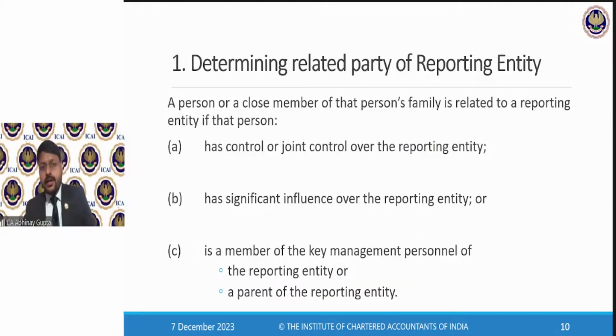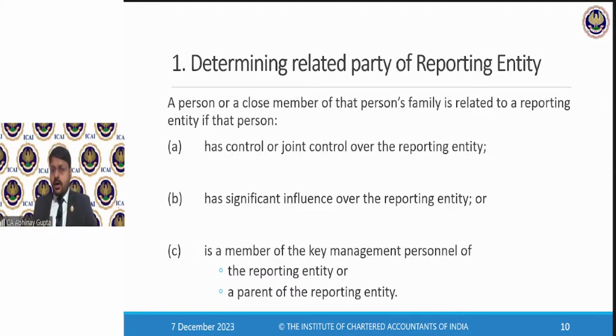Okay, now we will enter into the main discussion of the related party, which parties will be considered as related parties. That we now need to understand, and that is the backbone of this standard. If we are crystal clear about these relationships, it will be easier for us to say which party is a related party and which is not, and accordingly the disclosure would be applicable.